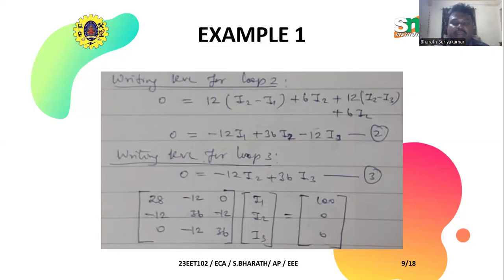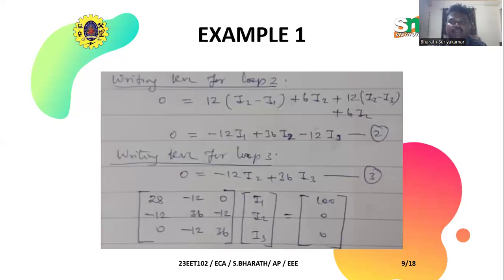Wherever a resistance lies between two loops, we consider both loop currents, so the expression becomes I2 minus I1 or I2 minus I3. The second expression becomes 0 equals minus 12 I1 plus 36 I2 minus 12 I3. Writing KVL for loop 3, 0 equals minus 12 I2 plus 36 I3, which is the third expression.